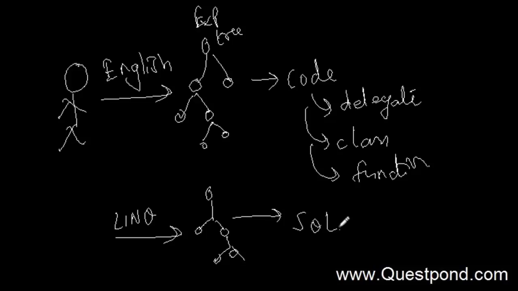So for example, if you're using LINQ to SQL, you'll find that expression tree is used like anything. It parses that LINQ query and then creates an expression tree out of it, and then generates SQL using this expression tree. So LINQ is one of those places where expression tree is used heavily. Let's see a simple demonstration of how LINQ uses expression tree.